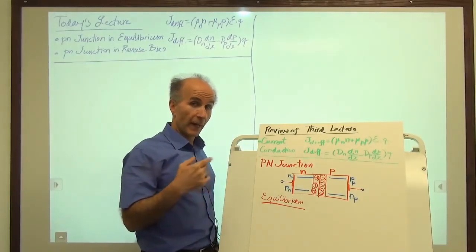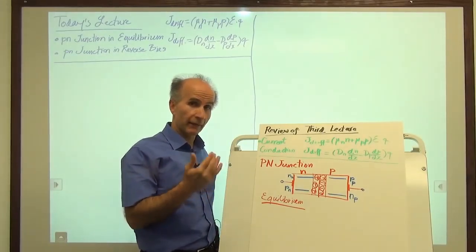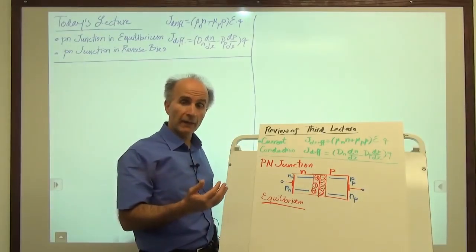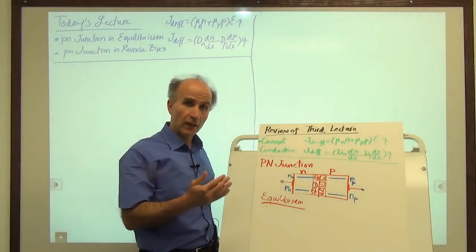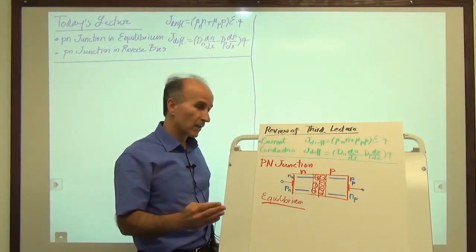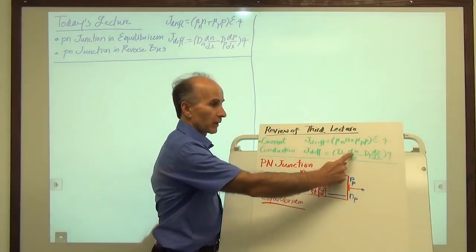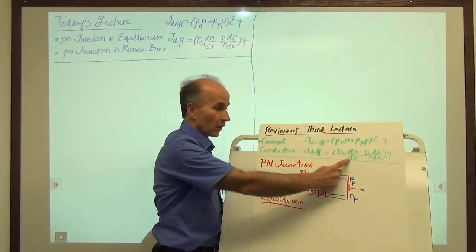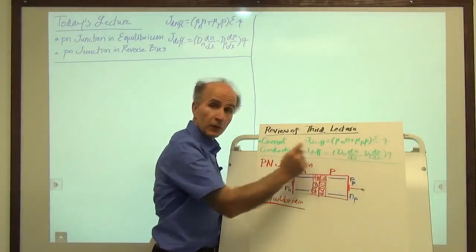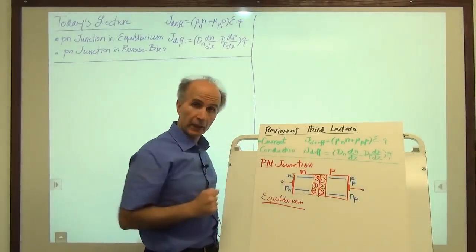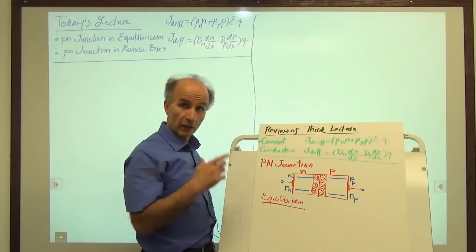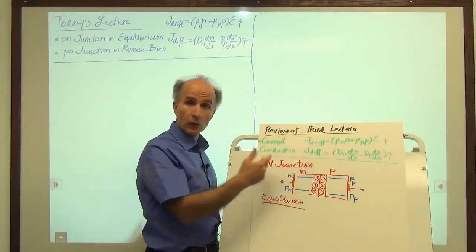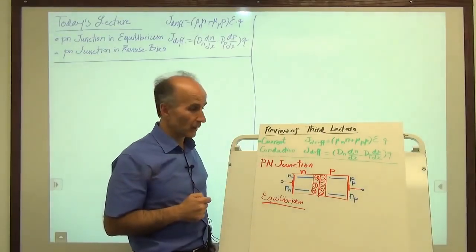On the other hand, in the absence of a voltage, we could still have a current if we have a difference in concentration as a function of distance. So, for example, if we have a certain gradient for the electron density or a certain gradient for the hole density, we obtain a diffusion current. And in a general device, both or one of these can exist.